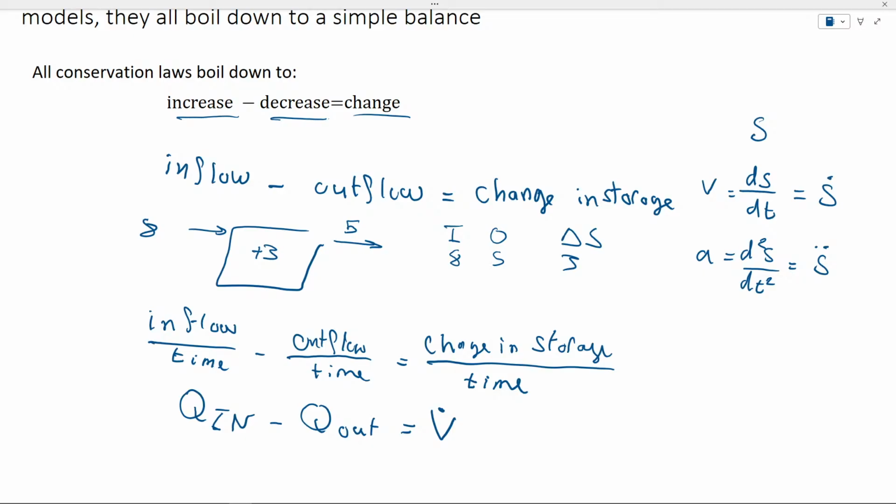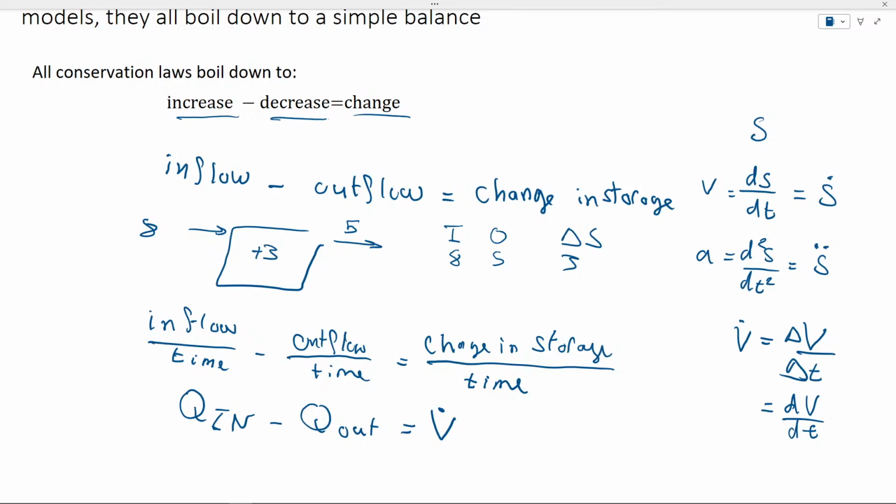So basically, V dot is the change in volume over time, the change in storage, dV over dt.